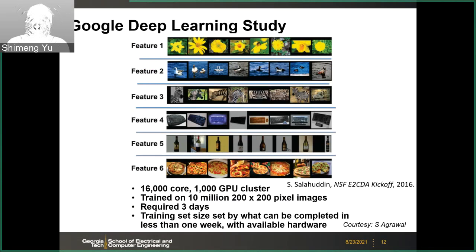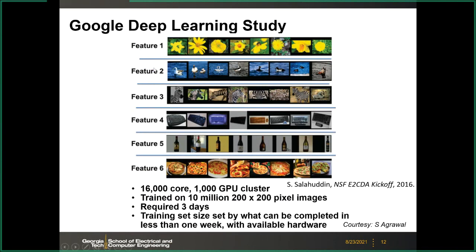And second is the computation power, especially enabled by the GPU. Without the GPU, it would take forever to train on those data sets. But even with the GPU, for example, here you see that to train on 10 million 200 by 200 pixel images, it takes 16,000 CPU cores plus 1,000 GPUs as a cluster, and spends the next 3 days to train the deep neural network.